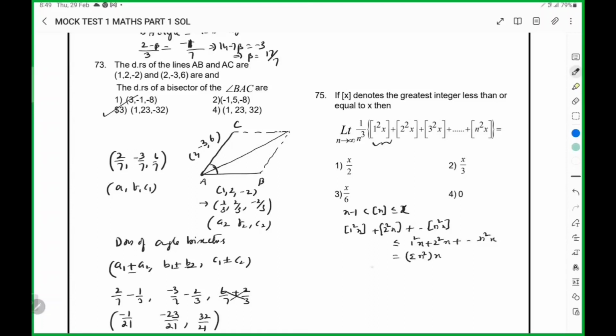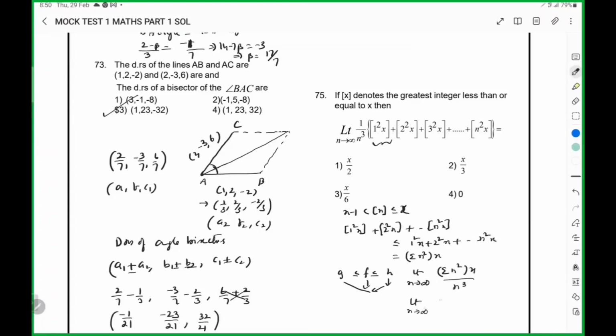What does the sandwich theorem say? If h approaches some number, and g approaches the same number, then f also approaches that number. Limit n tends to infinity of the upper boundary divided by n cube.